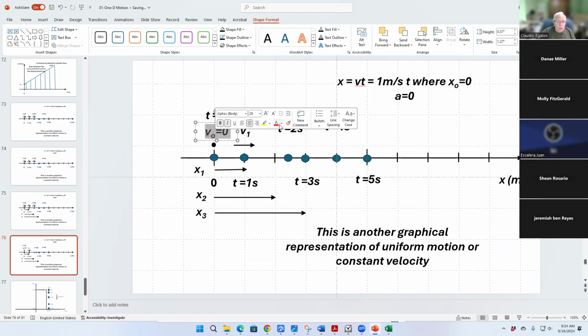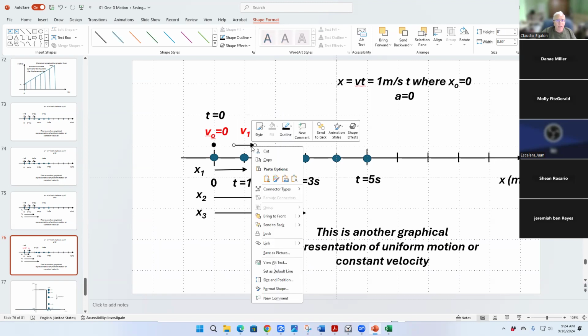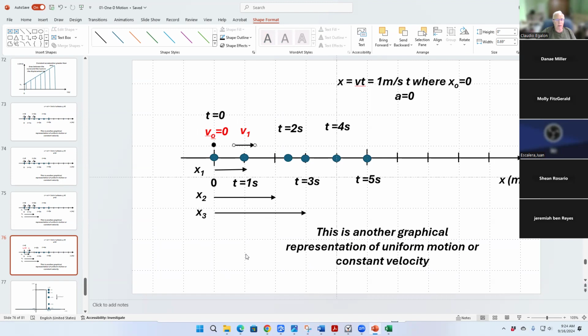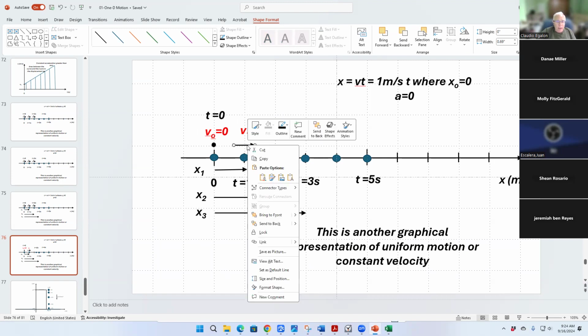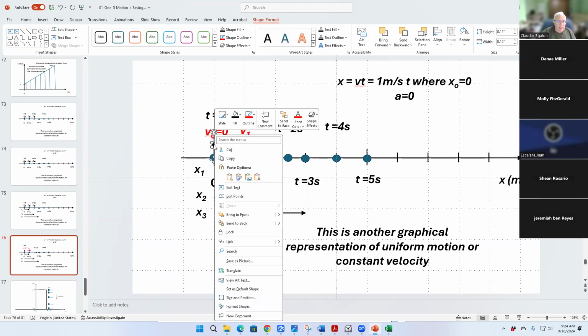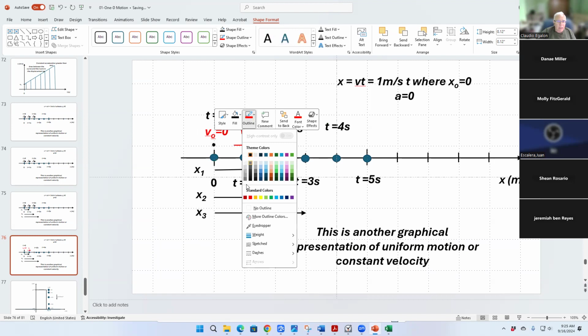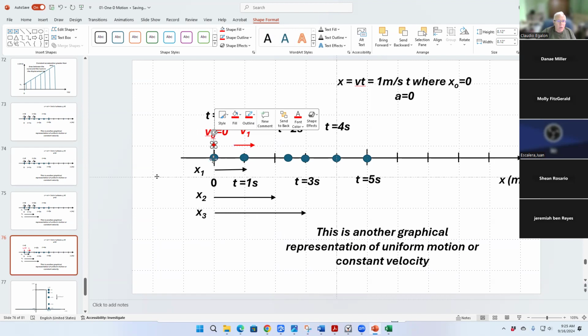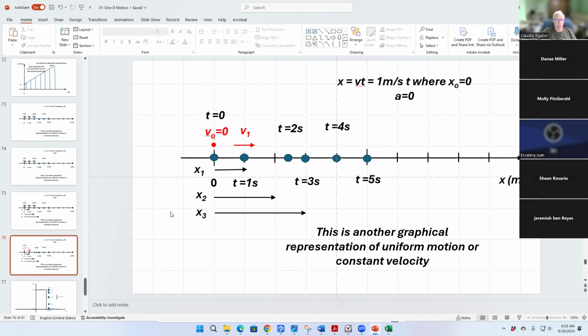And I'm even going to change the color to distinguish different quantities from one another. This one should be red. Instead of black, I'm going to make it red. I'm putting them the same color to associate it with my velocity v1.